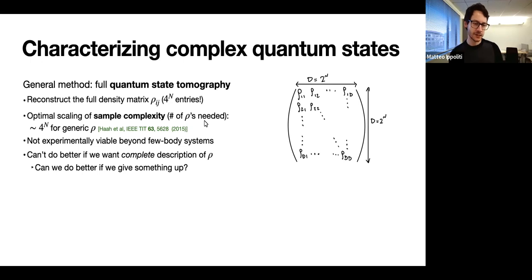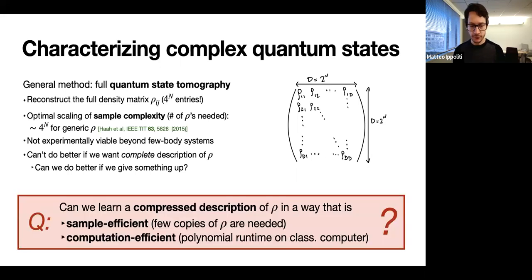The idea is, what if we give something up and accept that we're not going to have a complete description? In that case, can we do something that is efficient and useful for many things? To be specific, can we learn a compressed description of our unknown quantum state in a way that is efficient quantumly?